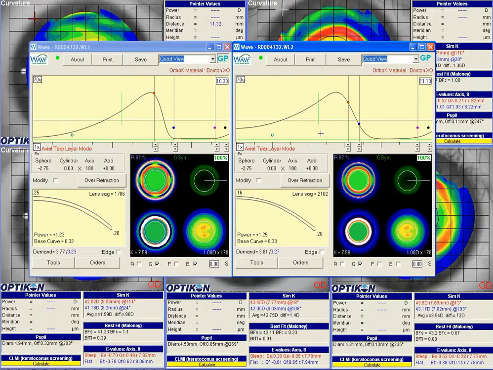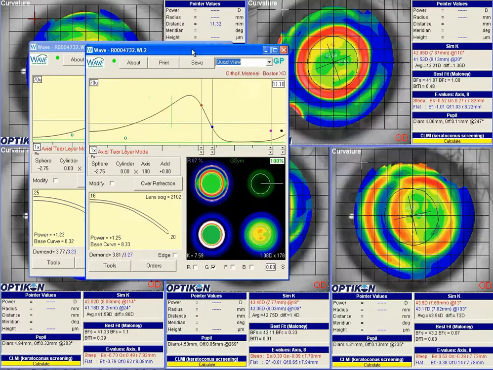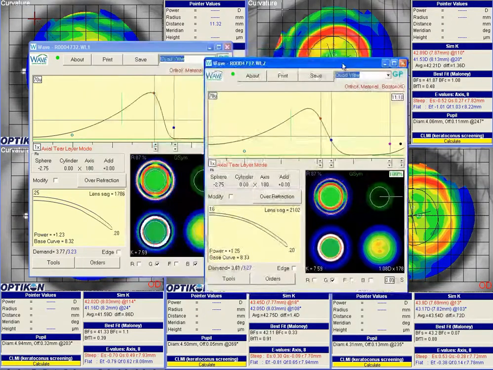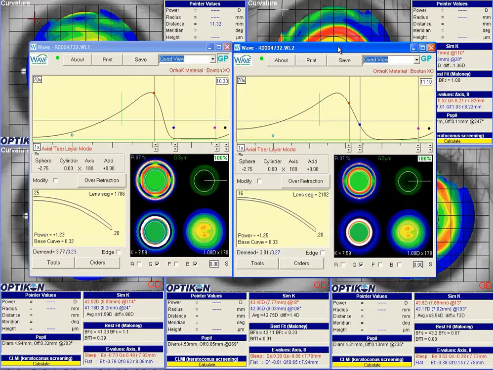Is there insufficient central bearing now, which is causing the patient to be undercorrected, or is it purely just the decentration of the treatment that's causing the undercorrection? And I don't really know for sure. It's probably a combination of the two. But strategically, since we want to order ideally as few lenses as possible, I don't think it's a bad idea to go ahead and bump that power a little bit.